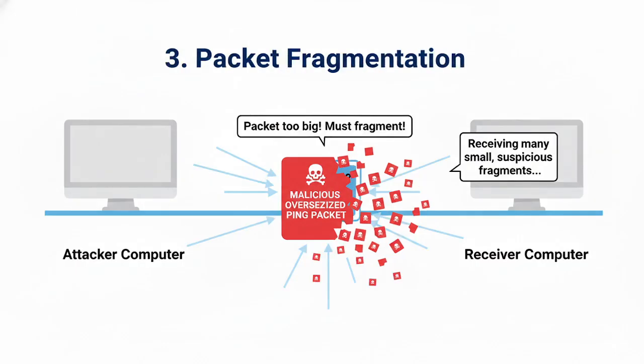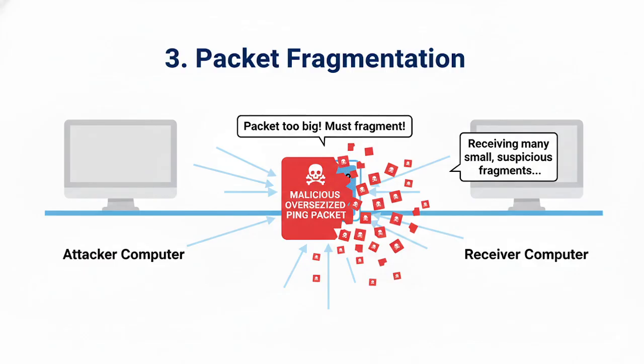Packet fragmentation. This explains a key mechanism that makes the ping of death attack possible and so damaging. The malicious oversized ping packet from the attacker computer is too large for standard network transmission. As it hits a network device or even approaches the receiver, the network recognizes packet too big, must fragment.